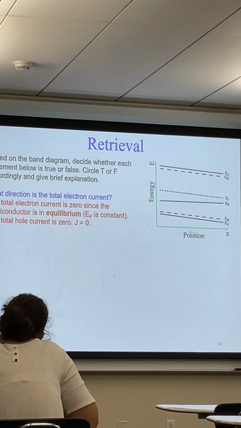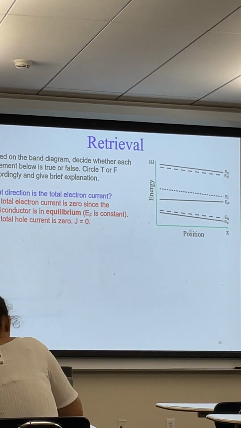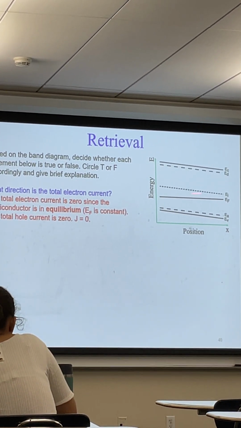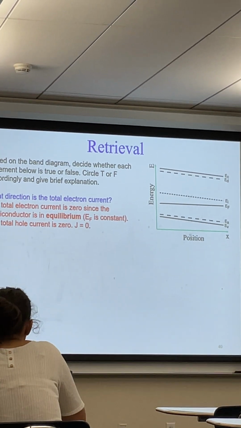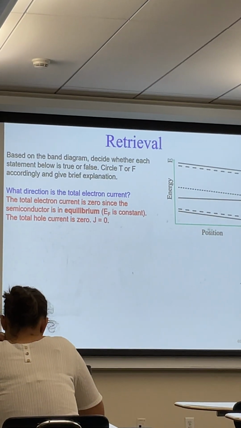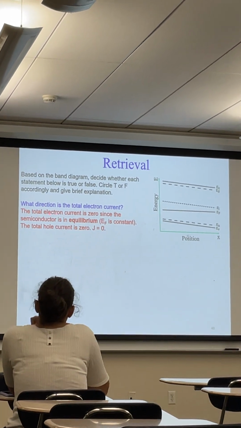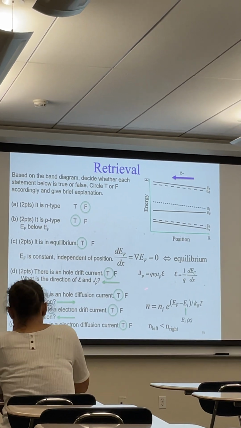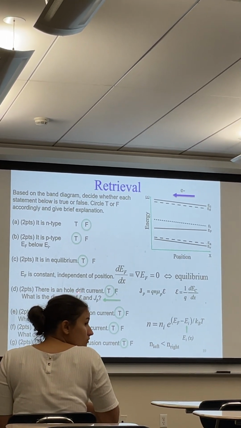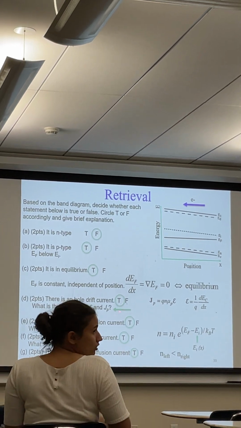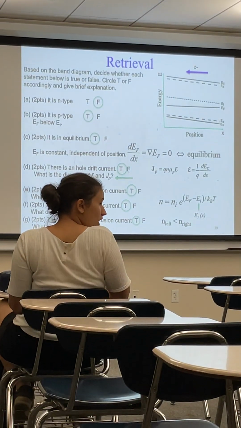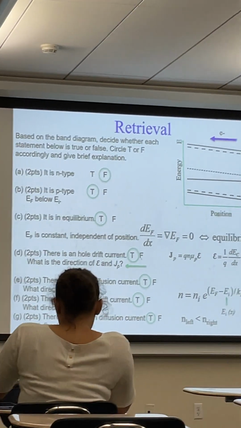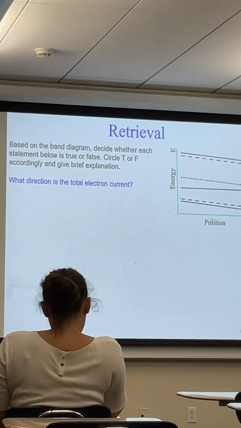This is because the system is in equilibrium. Because the Fermi level is constant, the total current will be zero, for both electron and hole. So total electron current is zero, total hole current is zero. You can also tell from here, it's a balance: the electron drift and diffusion currents are along opposite directions, and the hole currents are also in opposite directions, so they cancel each other. Okay.